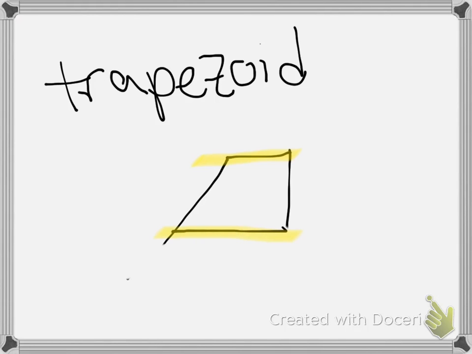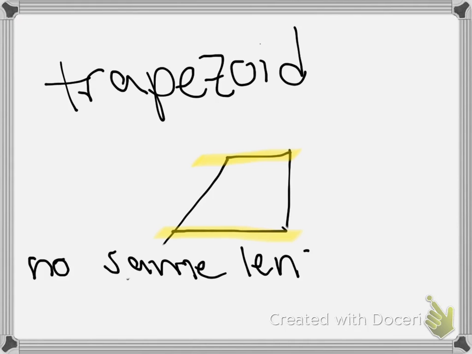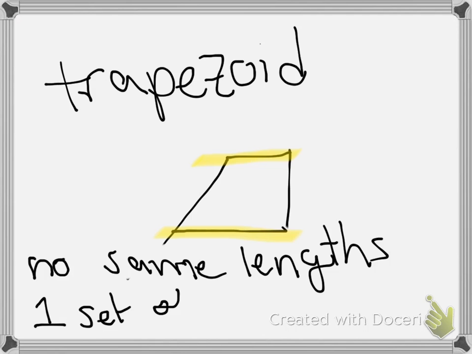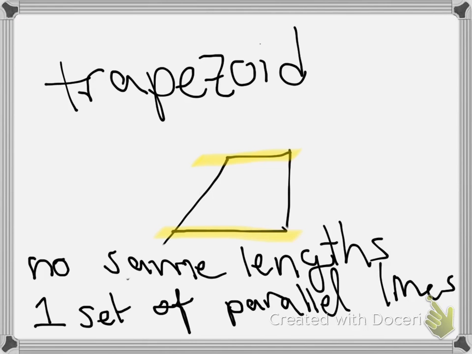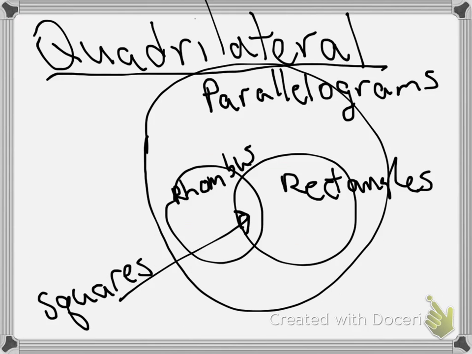So a trapezoid has no same lengths and one set of parallel lines.